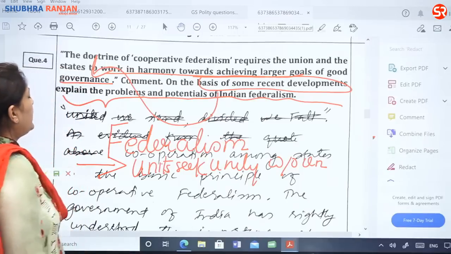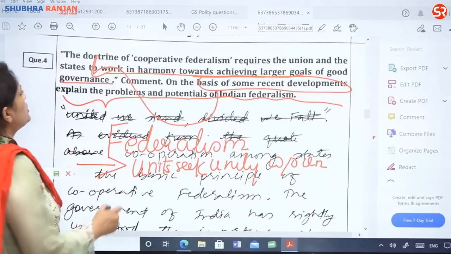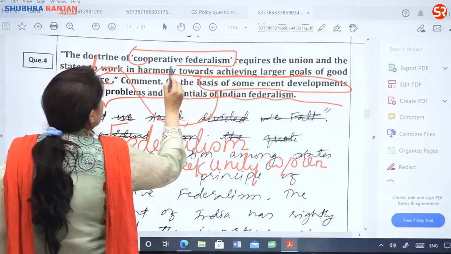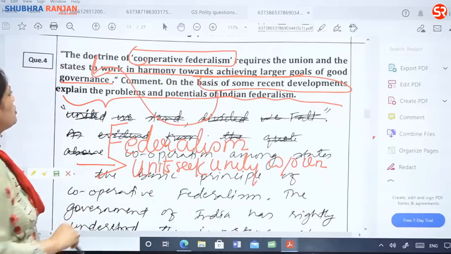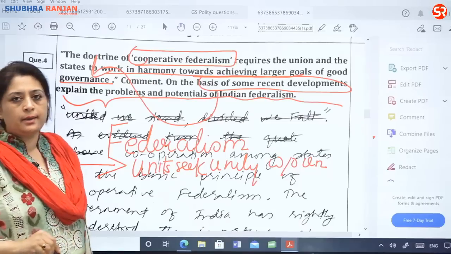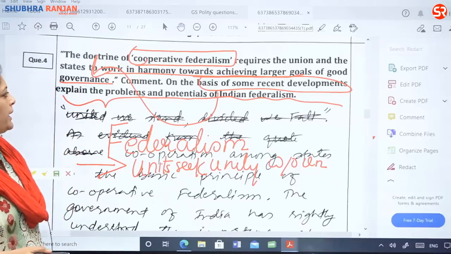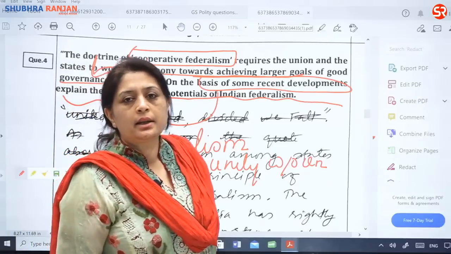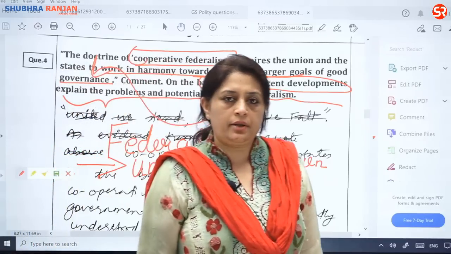And then it is expected that a student should know what cooperative federalism is. So he or she should write there are different types of federalism, and India and Canada are examples of cooperative federalism.